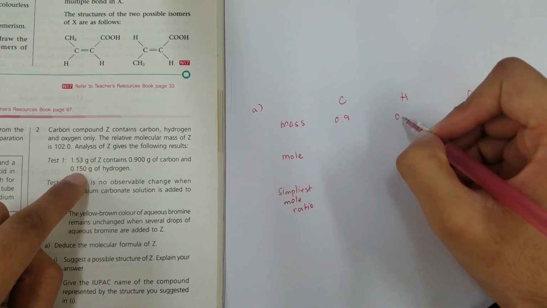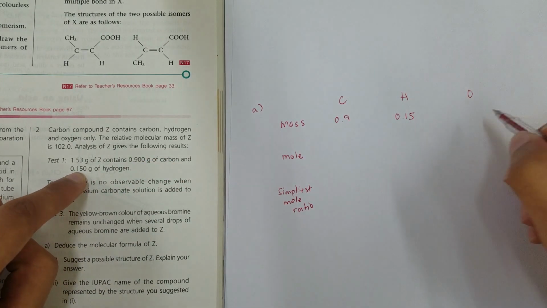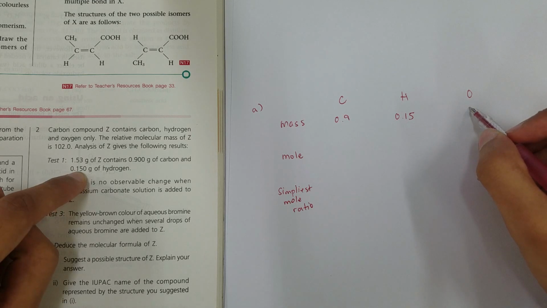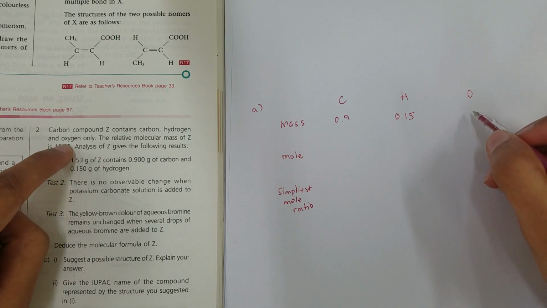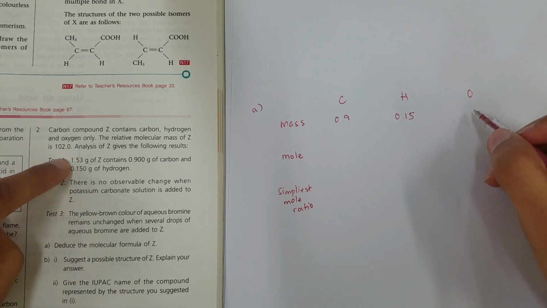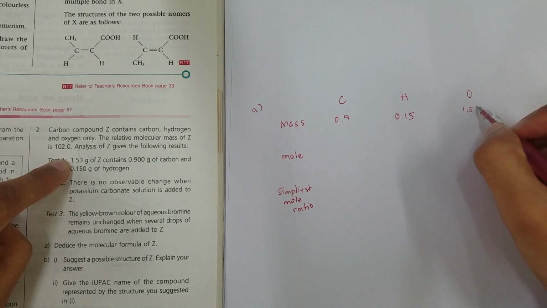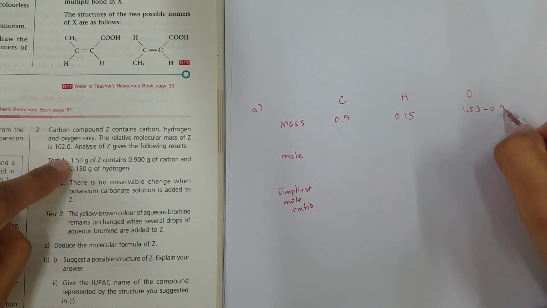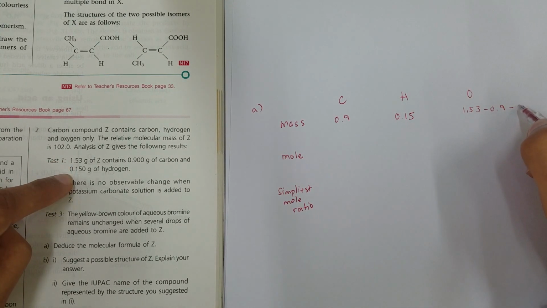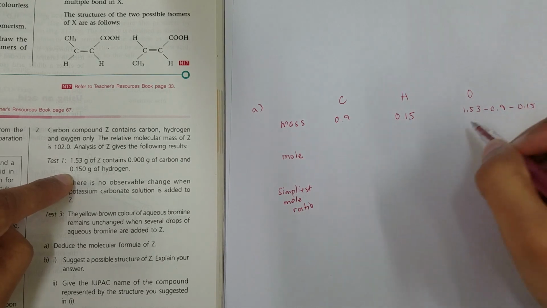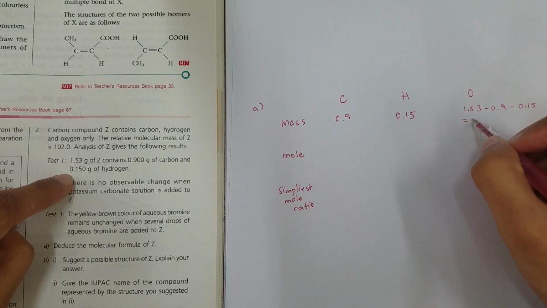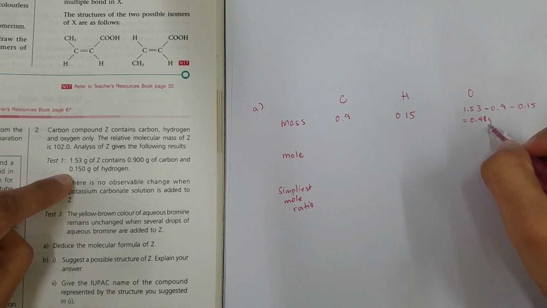Hydrogen is 0.15 gram, but they have not given us oxygen, though they have told us that there is containing oxygen. So what we do is we have the total 1.53. So we do 1.53 minus 0.9 and then minus the hydrogen. And then we will be left with oxygen will be 0.48 grams.